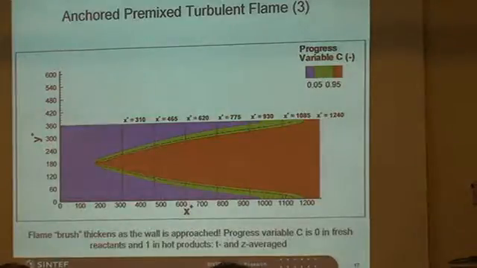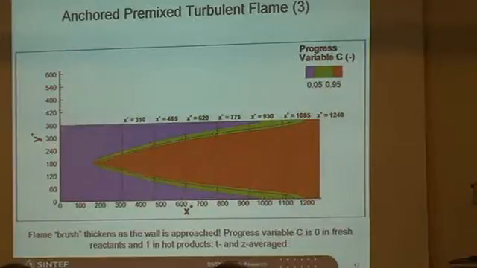Another thing that you can observe, this is the average field. And you can see that the flame brush, which is represented by the progress variable between 5 and 95% of the reaction, thickens toward the wall. Now, this thickening can be generated by two things, I believe. One is that the flame oscillates more spatially, so that the average field would look thicker.